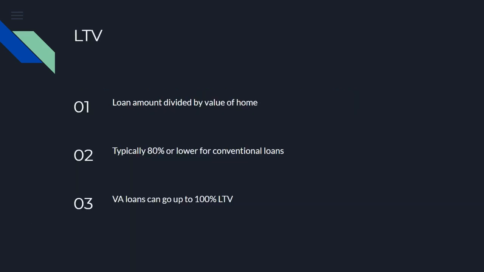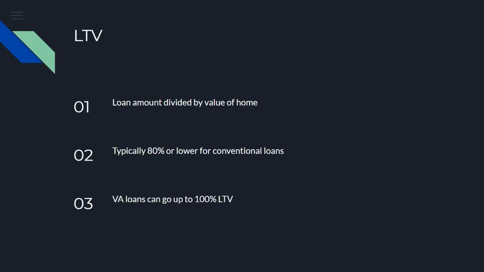Now LTV is your loan amount divided by the value of your home. So let's just say you own a home that is worth $400,000, and you're getting a loan that's $300,000.